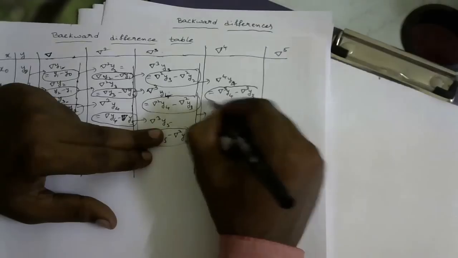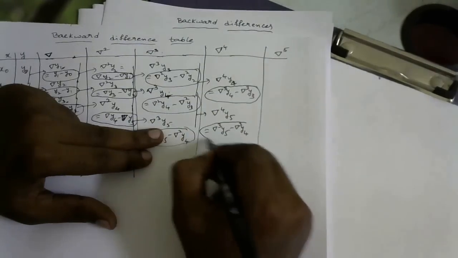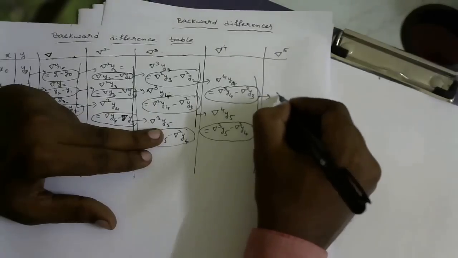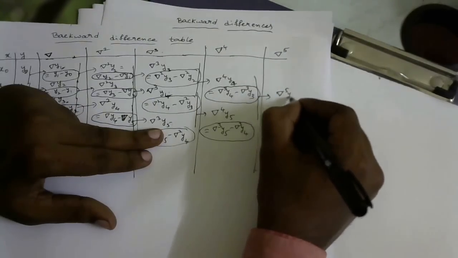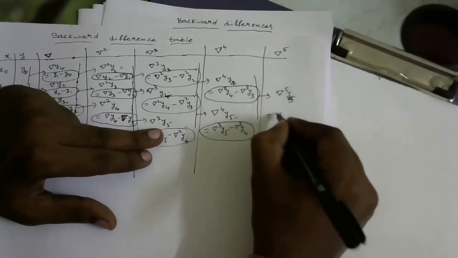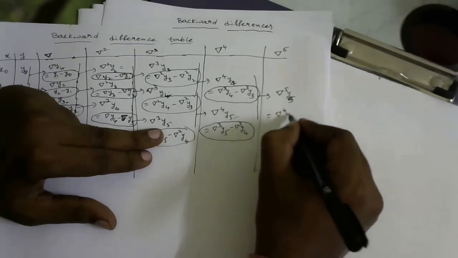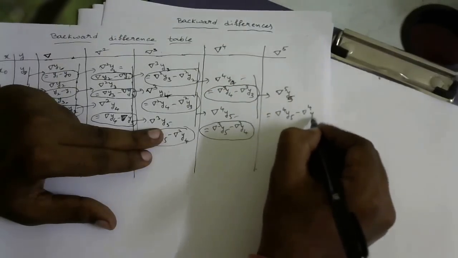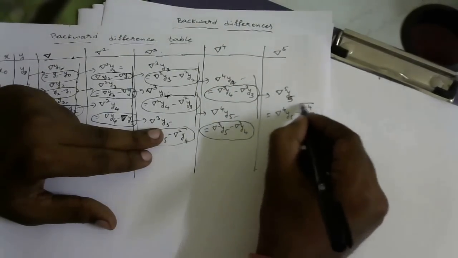I am neglecting these elements. Del to the power of 5 y5 equals del to the power of 4 y5 minus del to the power of 4 y4.